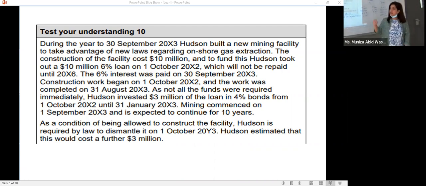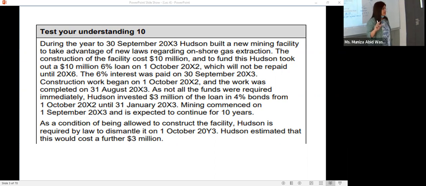They say the construction work began on 1st October 2002 and the work was completed on 31st August 2003. So construction started on 1st October 2002, but ended on 31st August 2003, only 1 month before the year ending date. So how much interest is going to be capitalized?